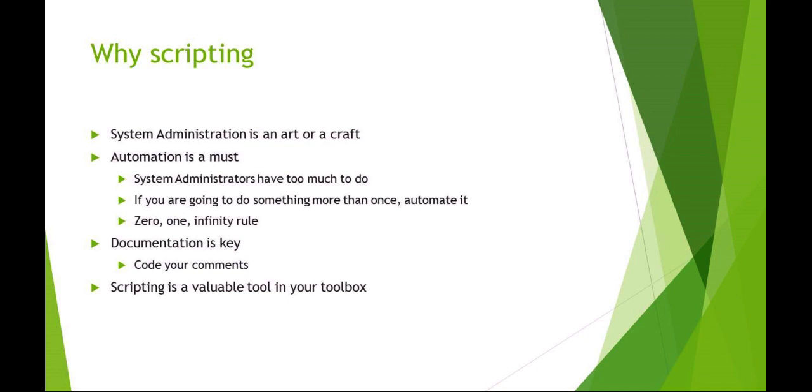So code your comments, and make sure it's something you can go back to. Even if you're not commenting for other people, comment for yourself, so when you go back and look at your script a year from now, you can make sense of what's going on. Scripting is one of the most valuable tools that you can have in your system administration toolbox.